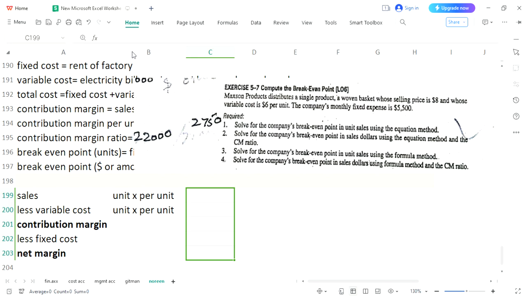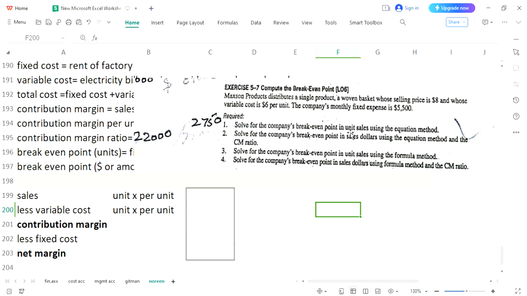Now here what is happening, solve the company's break-even point in unit sale using the equation method. This you can use as equation method because we will solve the remaining equation over here. But for the time being, let's put the amount which are already available.